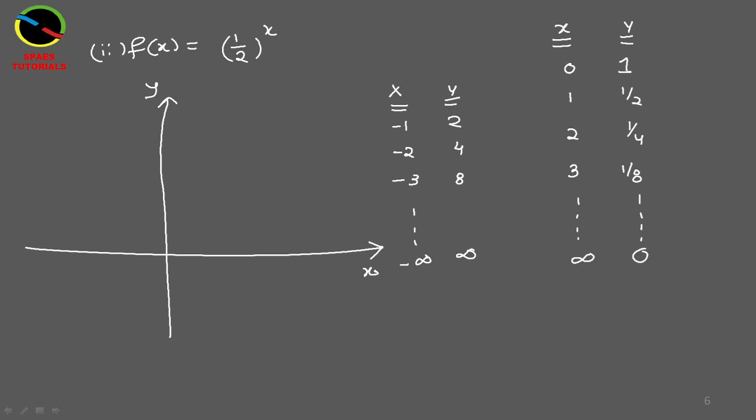Y-axis, x-axis. When you put x 0, this point is going to be 1. Now when you put x infinity, you are getting the answer y 0, so the point will be somewhere here. When you put x minus infinity, you are getting y infinity, so somewhere the graph starts. So join these two points.